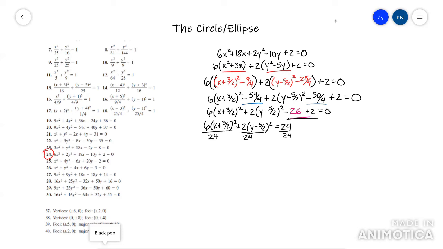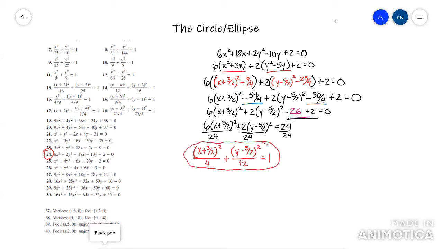So my final standard form of this equation would be x plus 3 halves squared over 4 plus y minus 5 halves squared over 12 equals 1. This would be standard form.